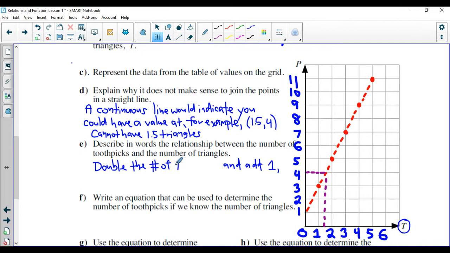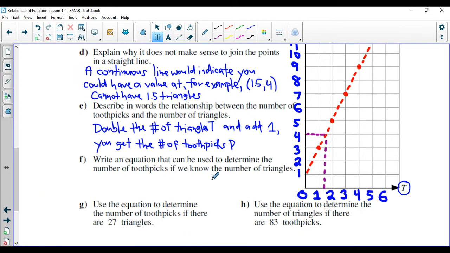You double the number of triangles. We can use the variable t to represent that, so capital T. Double the number of triangles, T, and add 1. You get the number of toothpicks. I'm using P to represent that.